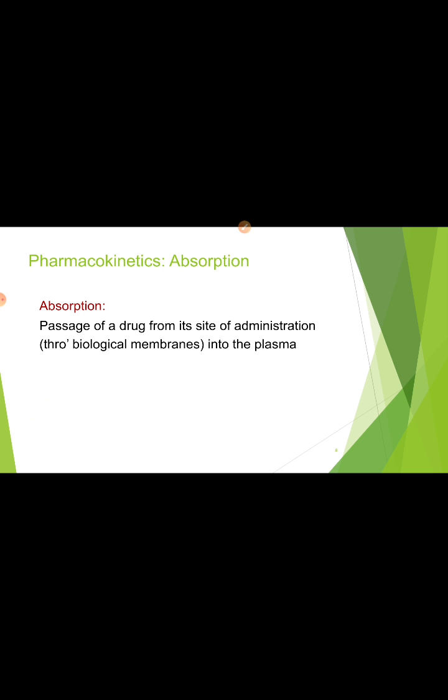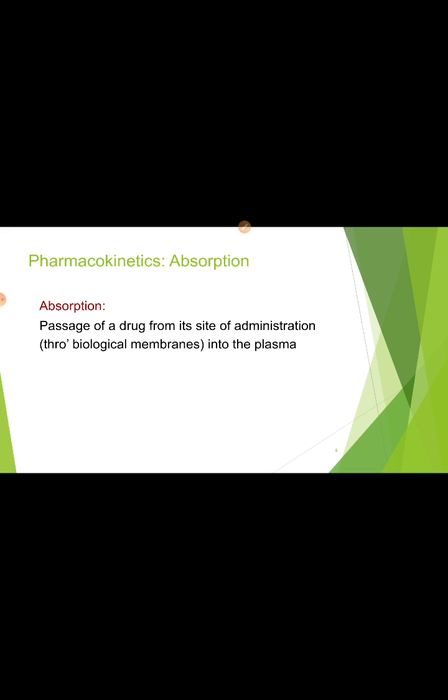Now, after understanding what the transfer of drug across the cell membrane is, we will go directly on to our topic, that is absorption. What is absorption? A passage of a drug from its site of administration through biological membranes into the plasma. I'll again repeat, passage of a drug from its site of administration.